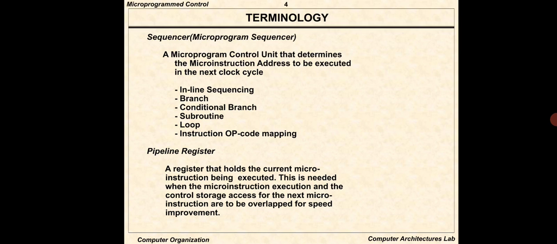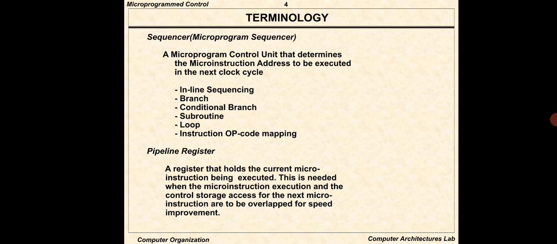That is subroutine address sequencing. Fifth one is loop sequencing. What do you mean by loop sequencing? A bunch of instructions should be executed at least 5 times, or 10 times, or 1 time, based upon our requirement. That is known as loop sequencing.